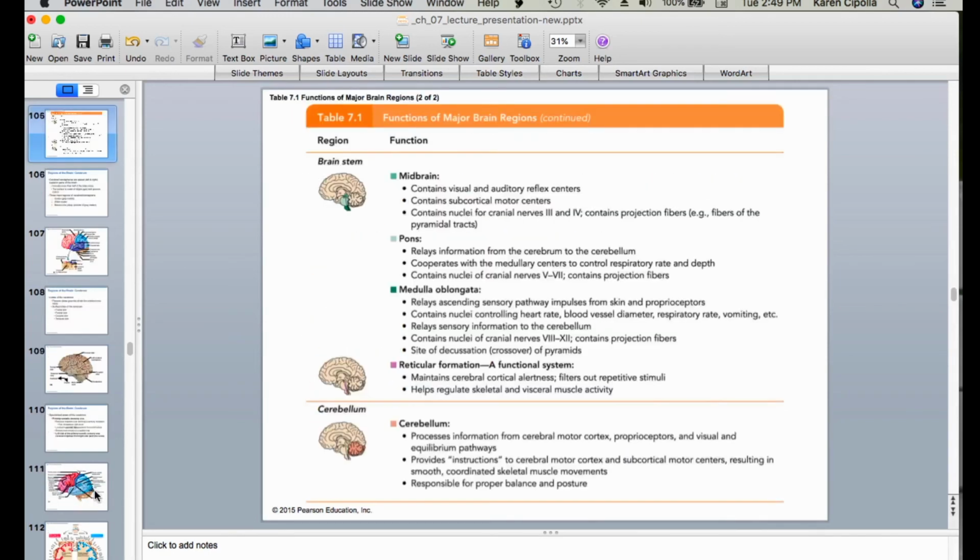And these are all structures that you are going to need to know where they are located and what their function is. This is specifically covered in that lab, but you are welcome to use any resources available to you to help you study for this portion of this unit.